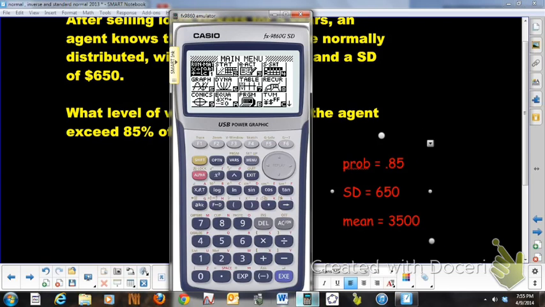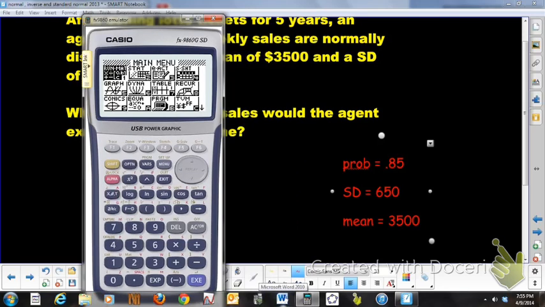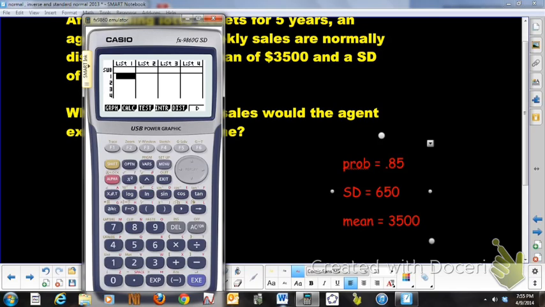The next thing to do is to get your calculator up, and let's get into the place where we get into inverse normal. So we go over to stat, into distributions, into normal, and we now have an option of NPD, NCD, or inverse. So we're going to click F3, which is inverse, and you will notice that there's a tail here.